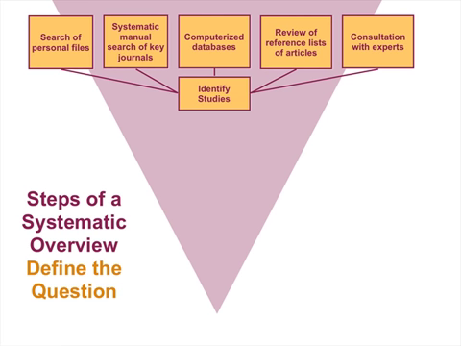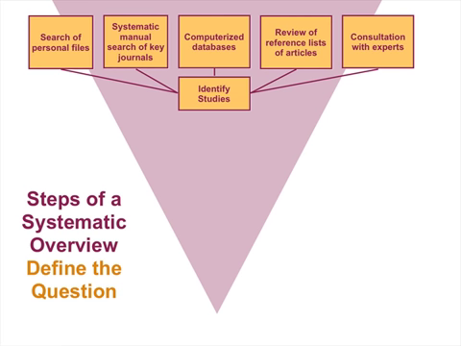And the thorough search requires that you look both for published and unpublished studies, because there's an important publication bias which indicates that studies that have no difference finding between an intervention and the control, or studies where the control actually does better than the intervention, are less likely to be written, less likely to be published, and so are not often included in systematic reviews unless you looked for those unpublished studies.